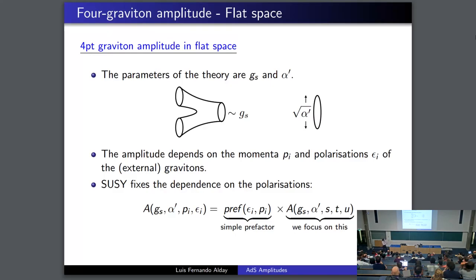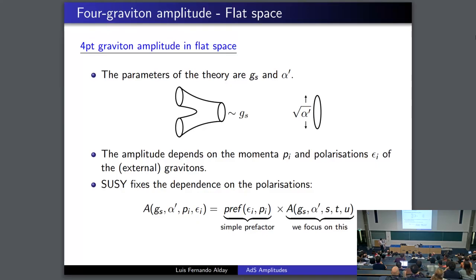Now, it turns out that supersymmetry fixes fully the dependence on the polarization of these gravitons through a simple computable prefactor, and we will focus on this non-trivial beast, which is a function of gs, alpha prime, and S, T and U, the three Mandelstam invariants, okay?